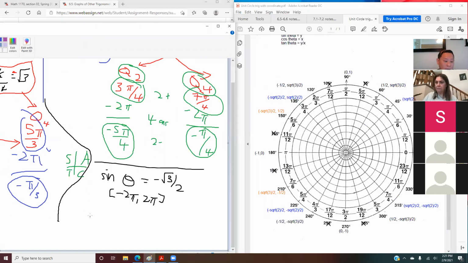What is theta in this case? And again, class, how many answers should you give me? You should give me 4 answers. 2 of them have to be positive, 2 of them have to be negative. Please use a unit circle approach to help you.